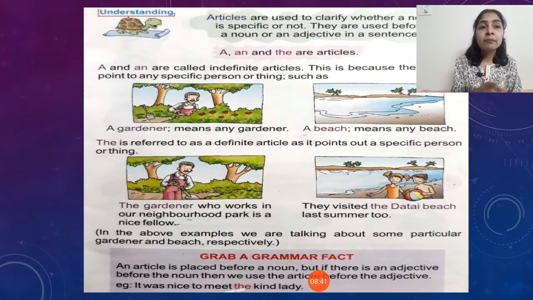Okay, we'll refer to the previous examples and see the next one related to it. Previously we were talking about any gardener. Now if we talk about a particular gardener, then how will we use it? The is referred to as the definite article, and it points out a specific person or thing. Example, the gardener who works in a neighborhood park is a nice fellow.